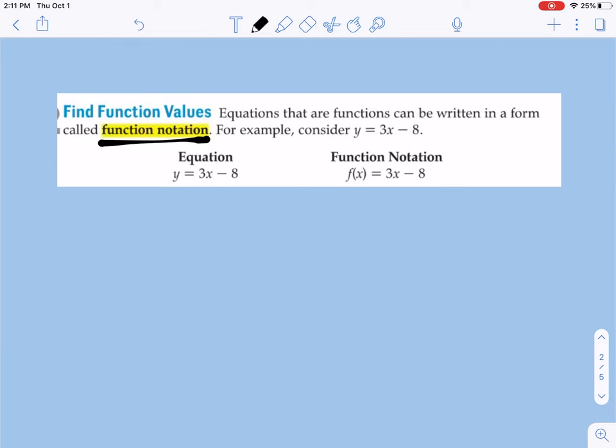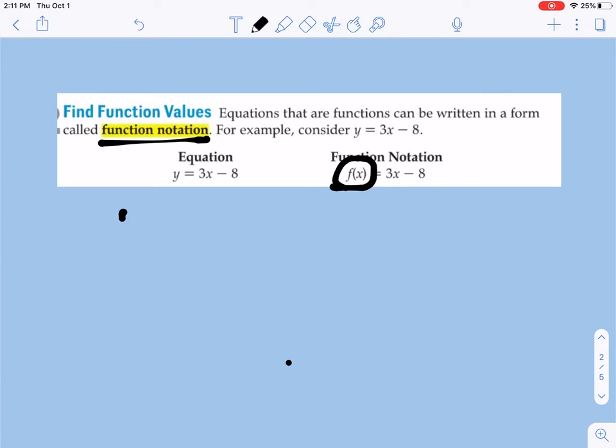For example, here's this equation, y equals 3x minus 8, which you should have seen some of in your past math classes. Well, all function notation says is that we're going to rewrite that y as f of x, and that's how we say it.